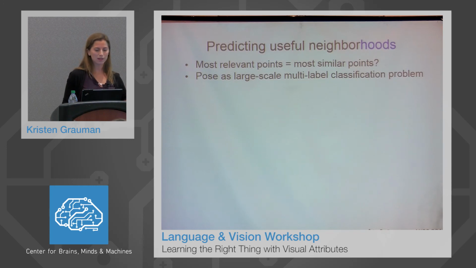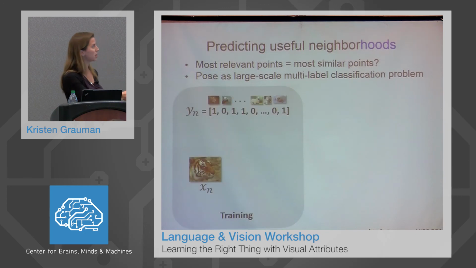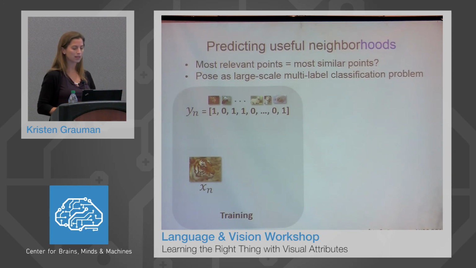So we've posed this in our work at NIPS last year as a large-scale multi-label classification problem, where during training I have a training image and an indicator vector specifying what the perfect neighborhood would be. And this we found empirically. So we're saying, for this guy, a training set composed of every image in the training set for which there's a 1 would be best or most correct and confident.